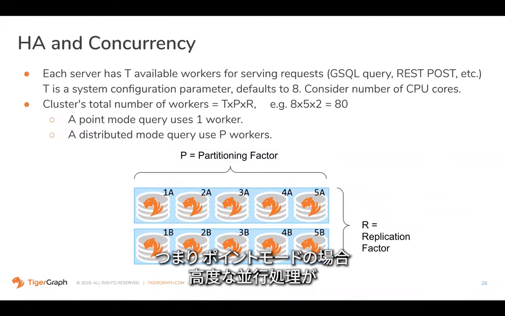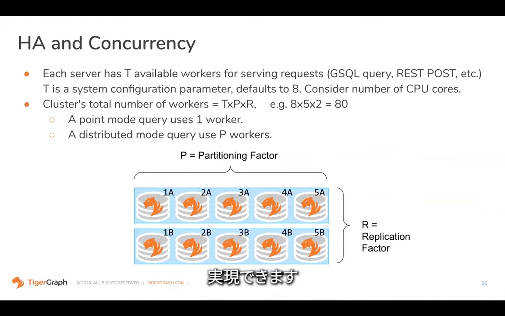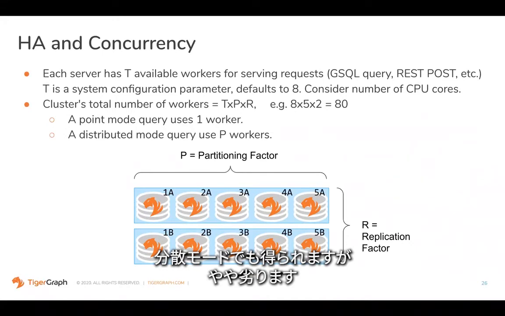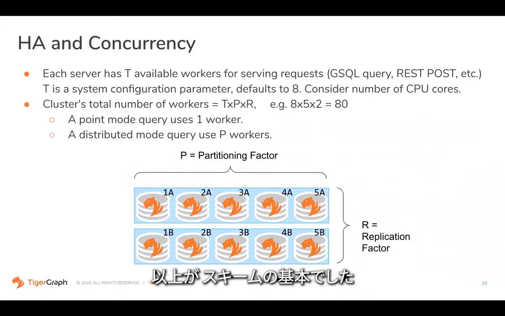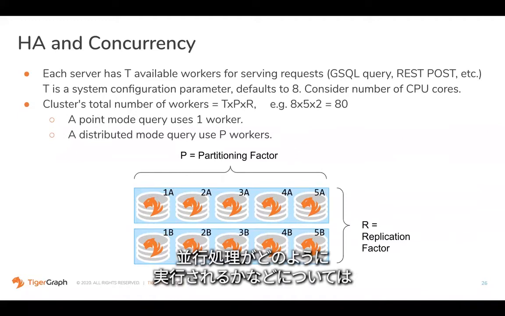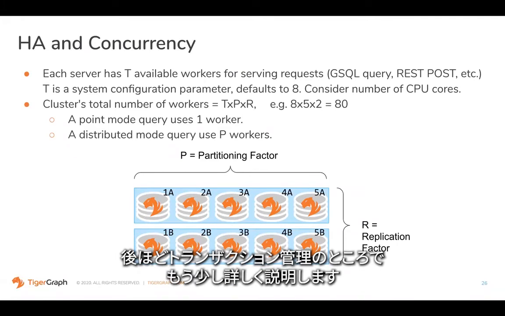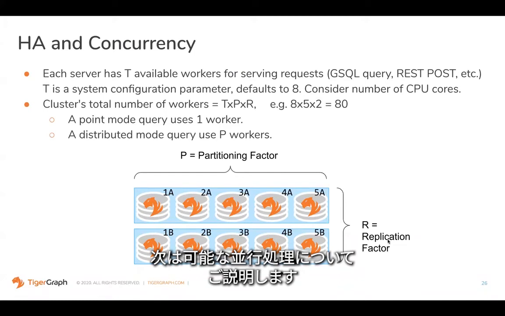That means you have a much higher level of concurrency if you're doing point mode. You can still have very good concurrency in distributed mode, but it's going to be somewhat lower. I'll say a little bit more when we get to transaction management about how the concurrency happens, but this explains the level of concurrency that is possible.